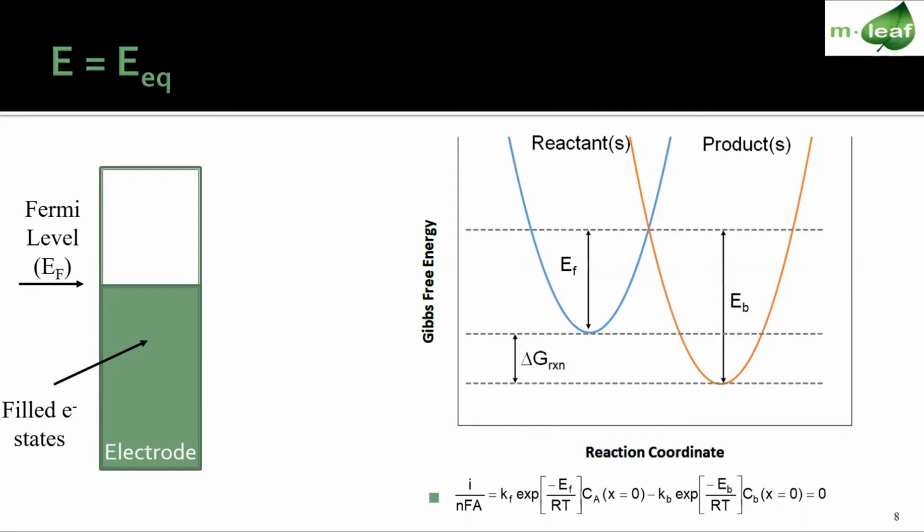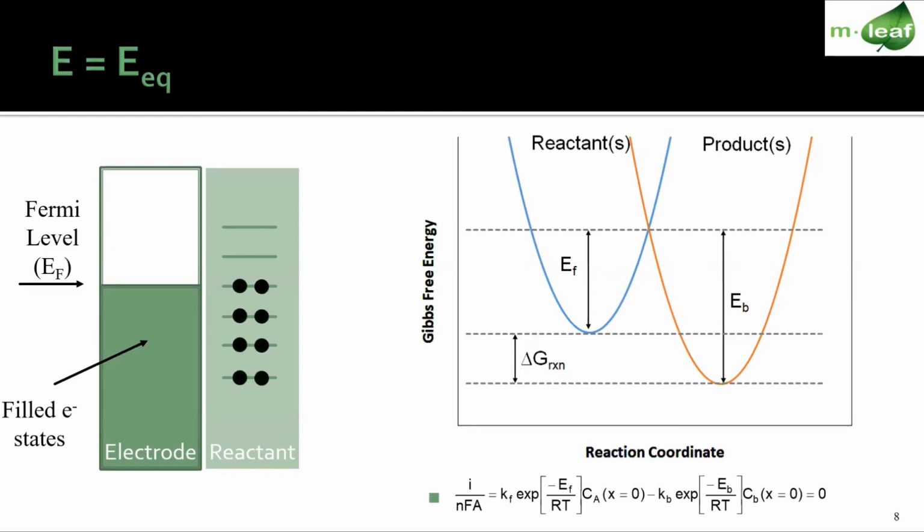Actually, E sub capital F is essentially the free energy of the filled electrons in our electrode. And we know what that value is because remember, delta G from our last lecture is minus nFE. And so what that actually means, if we look at this from the perspective of the reactant and the electrode, is that we can only fill the density of states of our electrode to the free energy of the electrons of the reactant. And that gives us the potential.